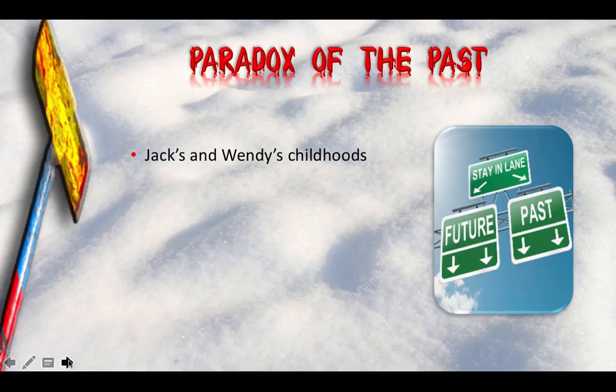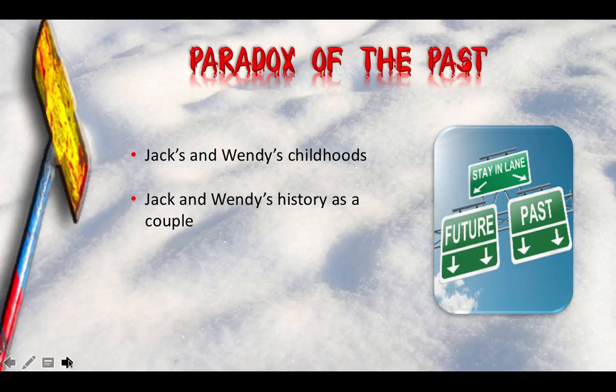The influence of Wendy's past on the events of the novel is also, of course, much less serious than Jack's, because Wendy isn't taken over by the Overlook. But in both cases, neither adult can go back and change their childhoods, but they also can't escape the influence their childhoods have over their adult lives. Their childhoods are part of the paradox of the past.